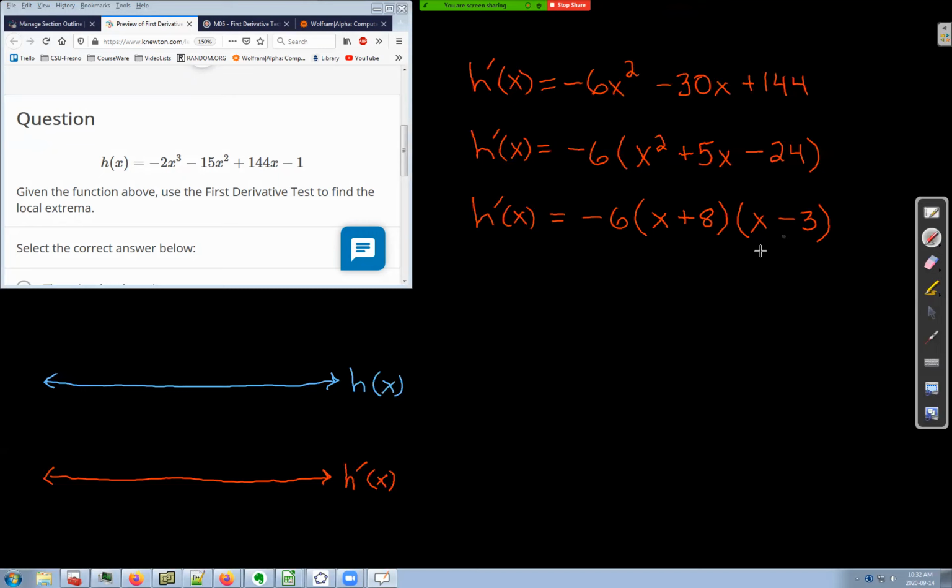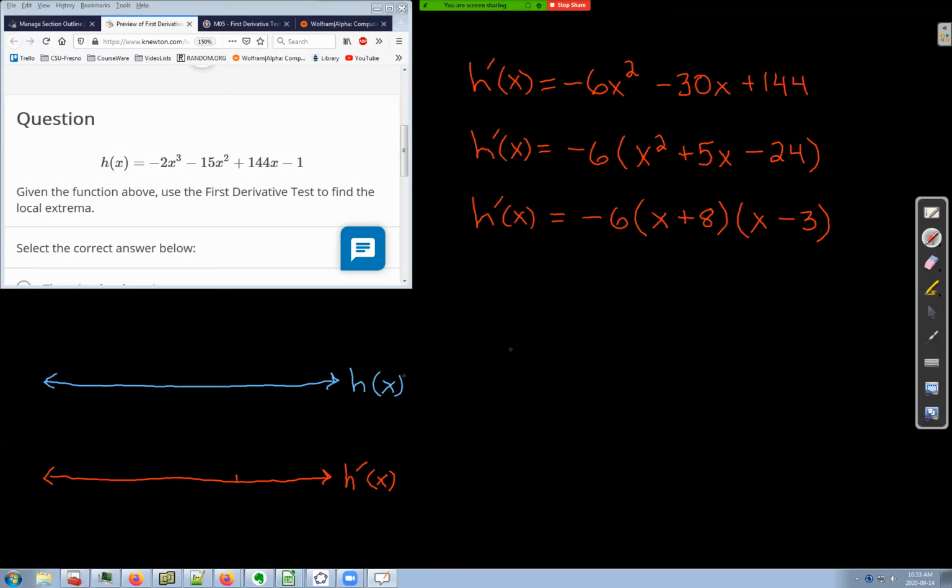Okay, so let's think about what's going to happen here. What I'm going to mark on my number line is the critical points. Remember that the critical points are the places where the derivative is 0. So the first thing you do on your number line is you mark the critical points.